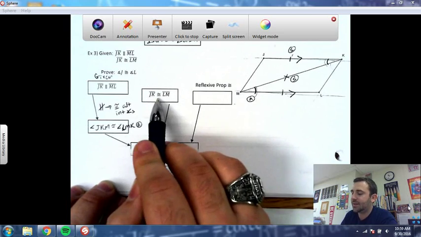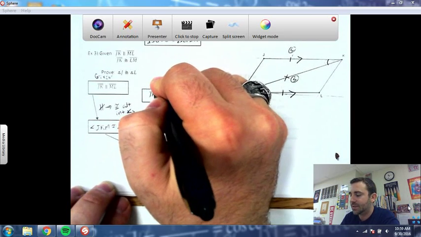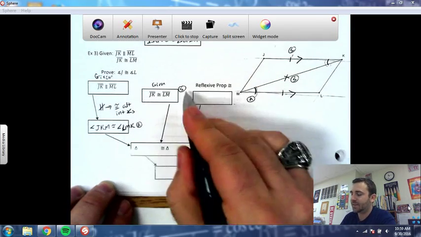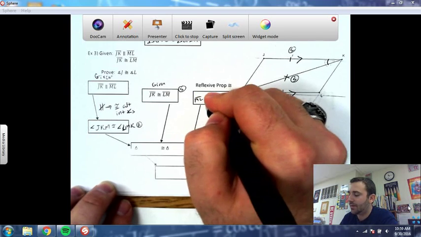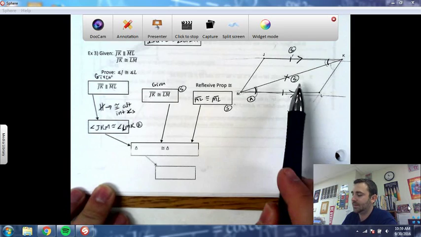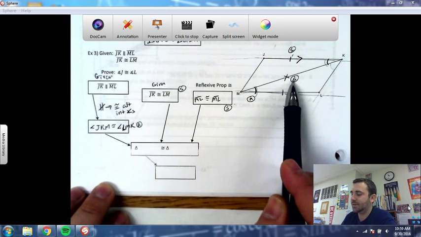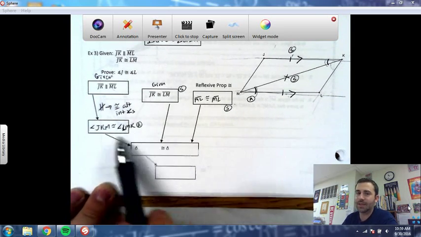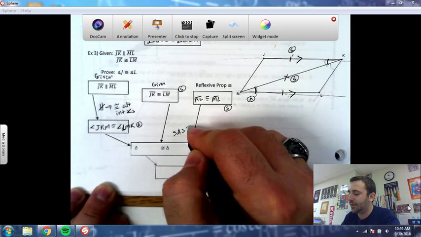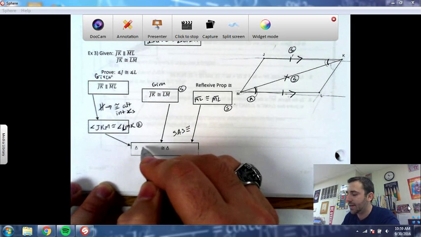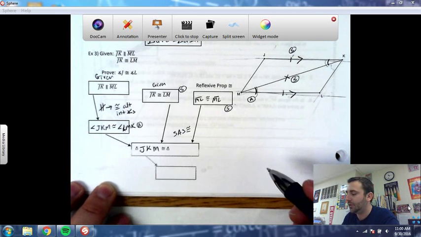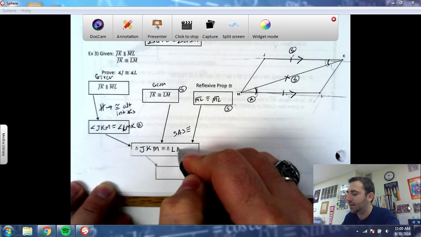Segment JK is congruent to segment LM, which was a given. There's my side. By reflexive property of congruence, I know ML is congruent to ML. There's my other side. Side, angle, side. So I have all the pieces that I need to keep going with my proof. So by side, angle, side congruence, I can state that triangle JKM is congruent to triangle LMK.